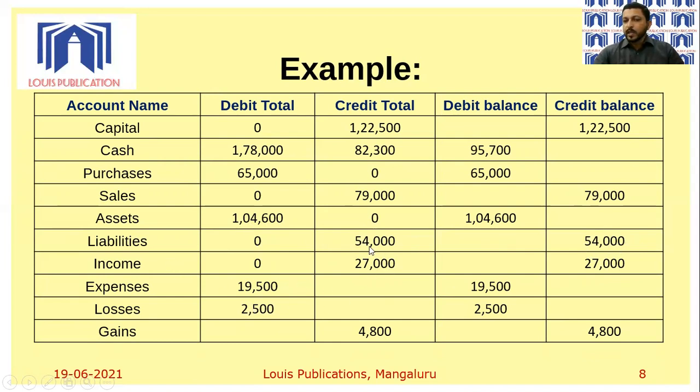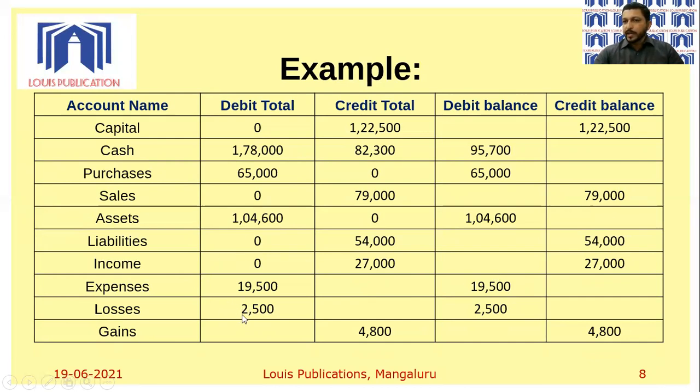Income: credit all incomes and gains. So the credit total of income is 27,000, with no posting on the debit side of any income account. So income shows a credit balance of 27,000. Expenses: debit all expenses and losses. It is showing a debit total of 19,500. Credit total is nil, so we find a debit balance of 19,500 in expenses account.